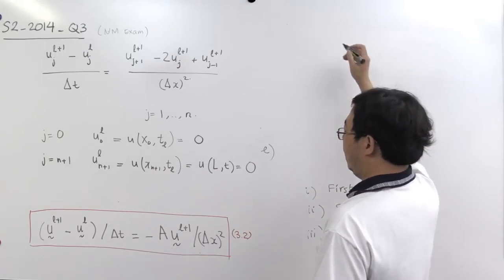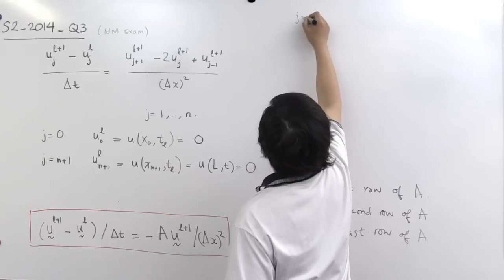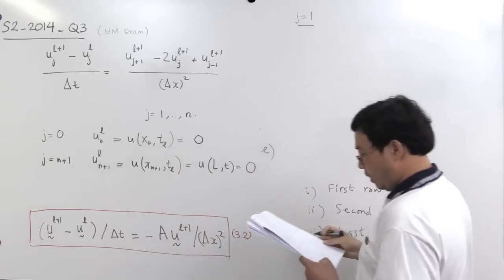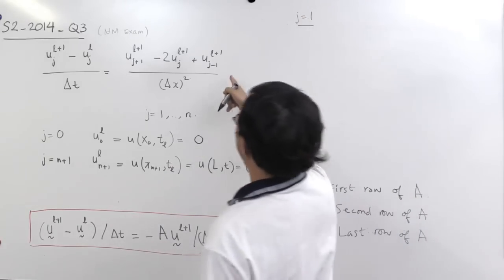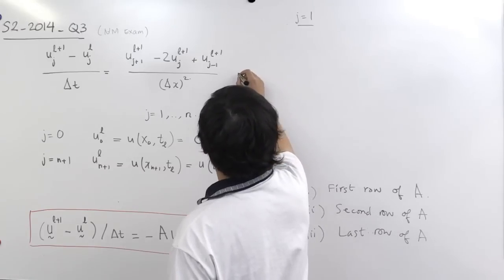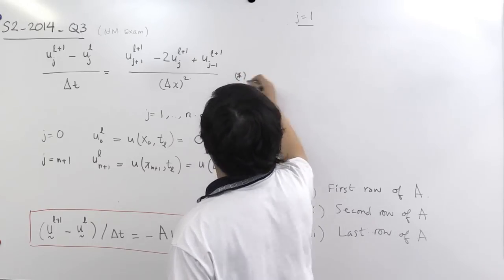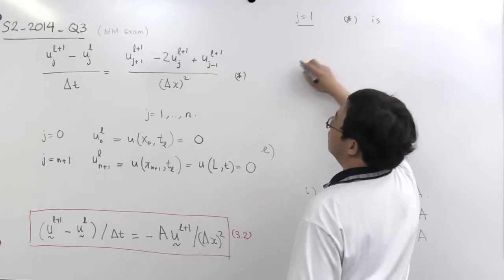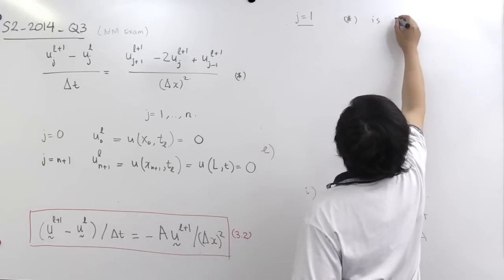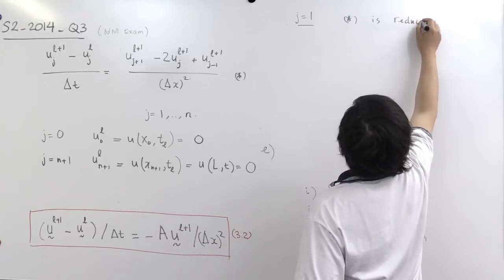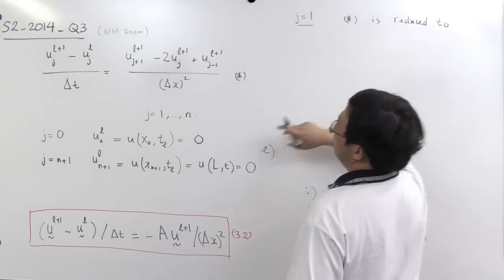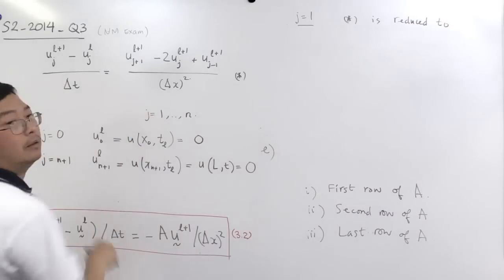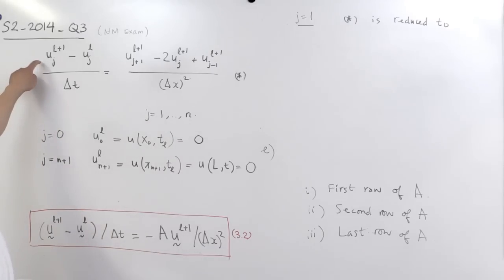So now, if j equals 1, let's say this one is star. Star is reduced to, so now you just put j equals 1 into this equation. So what did you get?